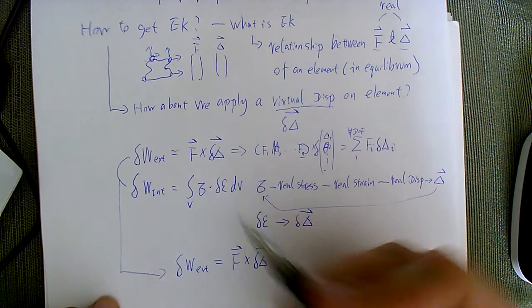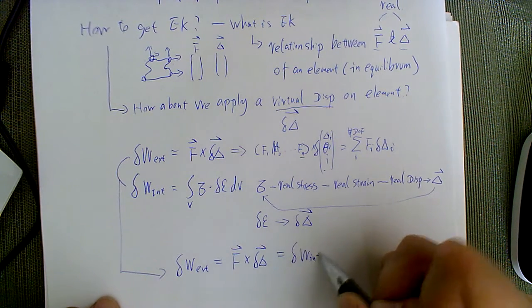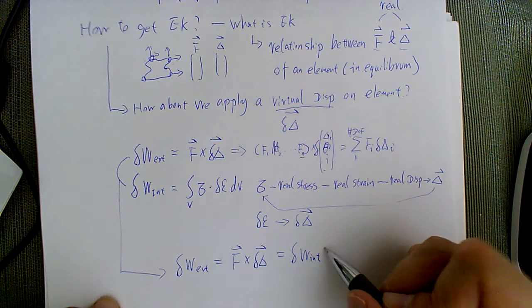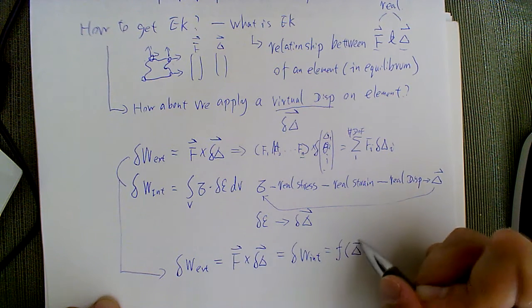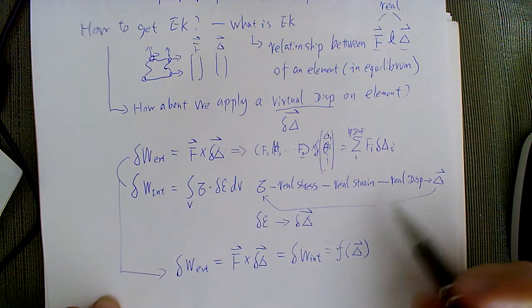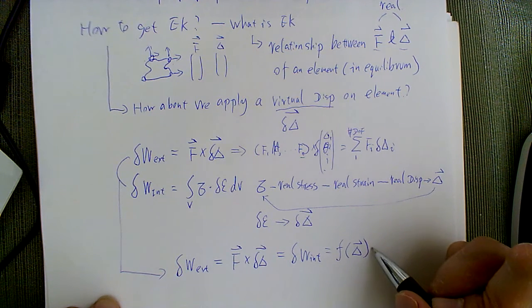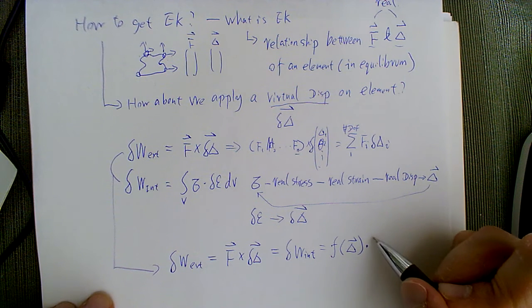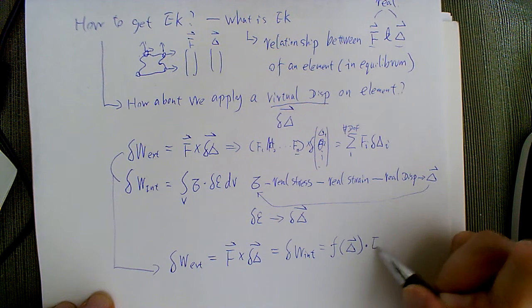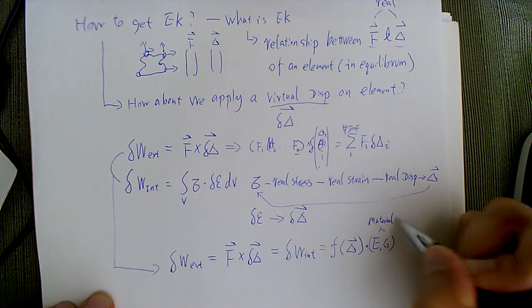And then it is equal to the internal thing, which is some function of real delta, and I'll just say times, but you know, it's not exactly times, but times something like E, G, those material properties.